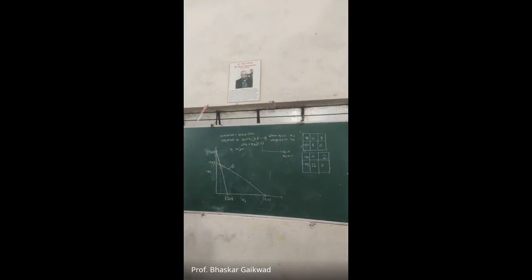As per my calculation, this coordinate is like this. If we make the graph, then it will be like this. So which is the feasible region here?